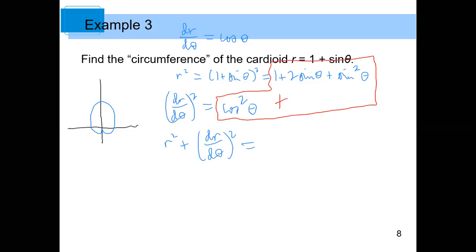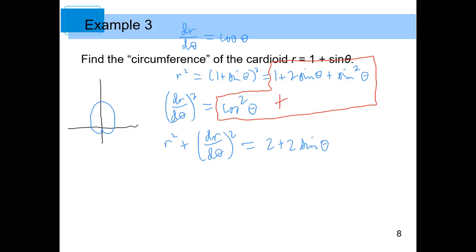Is there something that you see that is going to simplify? Cosine squared plus sine squared, yes, which is 1. So that adds to the other 1. And so I end up with 2 plus 2 sine of theta.